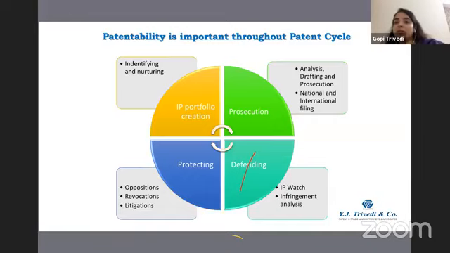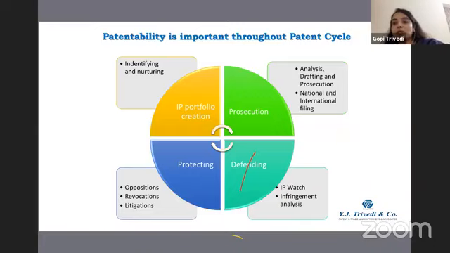For example, if I'm identifying my invention, I'll ask myself whether this invention is novel, inventive, and industrially applicable or not. If so, only then I'll file a patent application out of it. If not, I'll keep that invention out of the list.